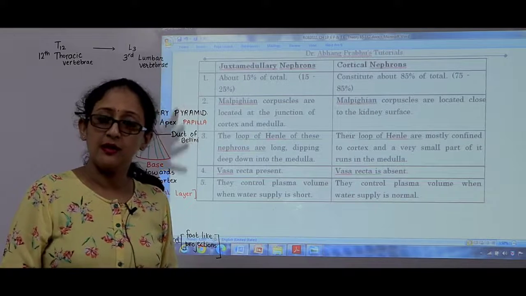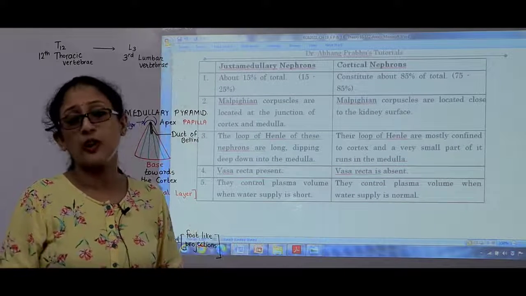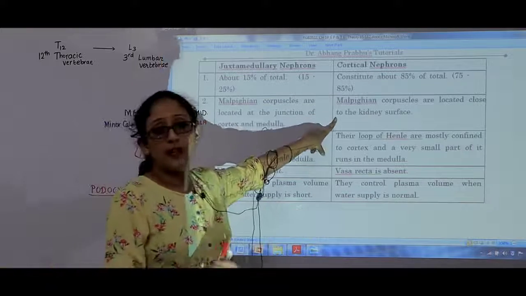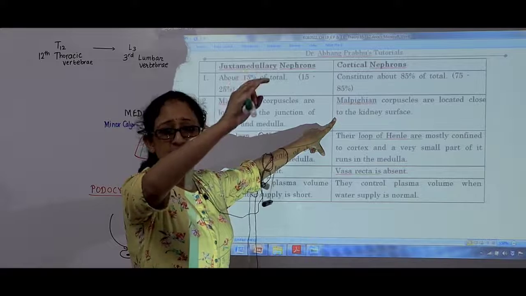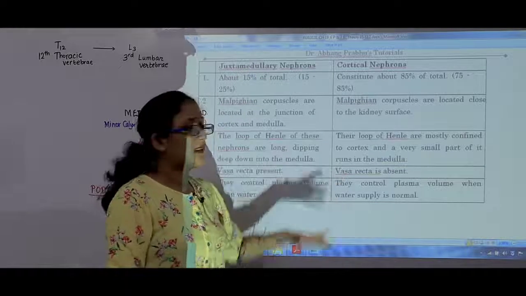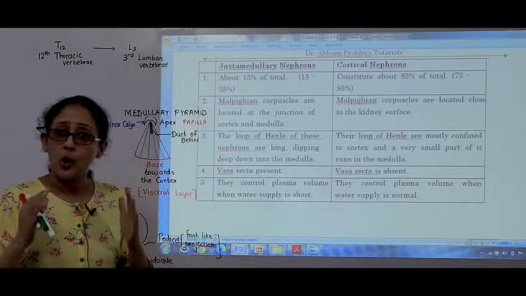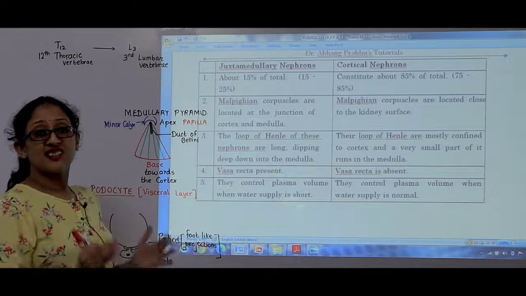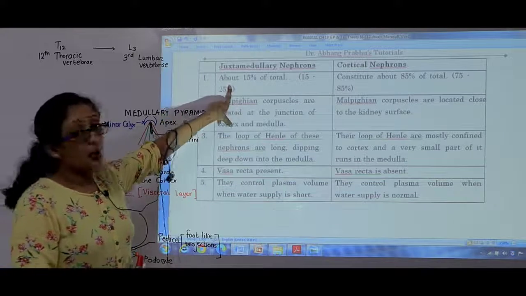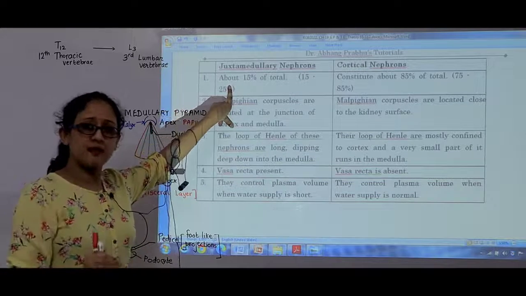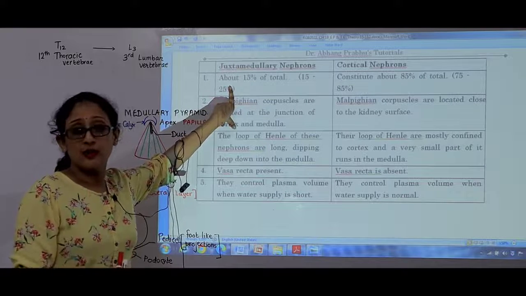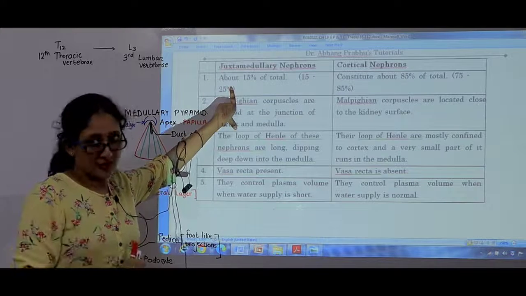They are active under normal conditions to regulate your blood fluid volumes. They are located more close to the kidney surface. They have a short Henle's loop and you cannot make out the vasa recta. On the other hand, the juxtamedullary nephrons are only 15% because they are only applicable when there is low fluid volume, when there is severe water shortage.